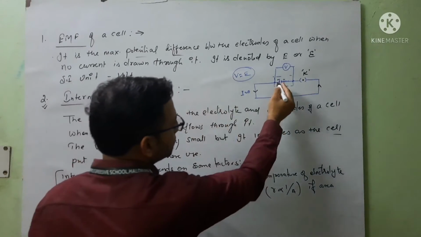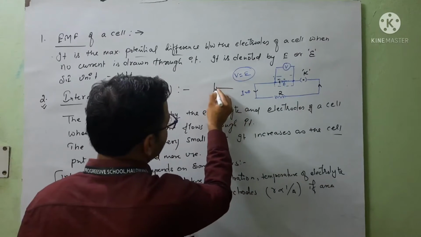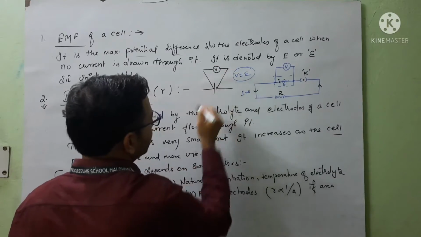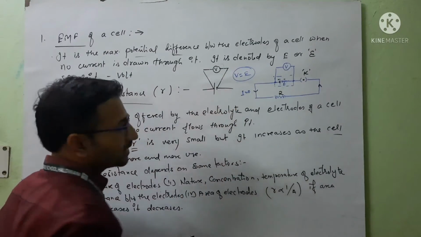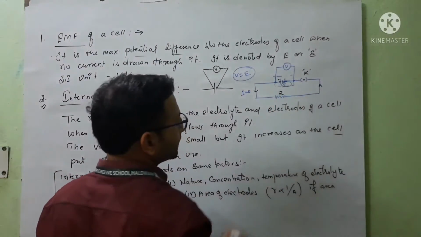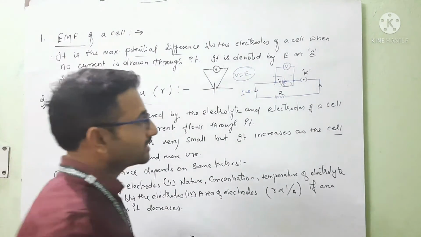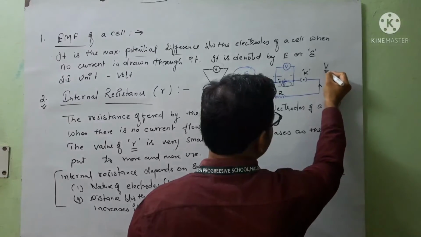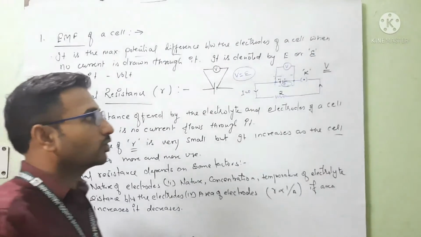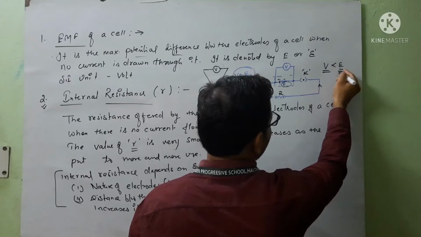If we connect the voltmeter across the terminals of the cell, we see that the reading of the voltmeter is a little smaller than the EMF of the cell. When current is drawn from the cell, the voltmeter reading, which is now called the terminal potential difference V, will be less than the EMF of the cell.